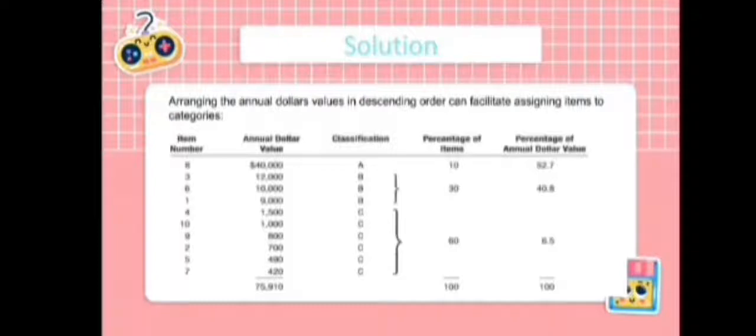As we can see in the table, each item is arranged from highest to lowest, and they are classified as A, B, and C. Note that category A has the fewest number of items but the highest percentage.